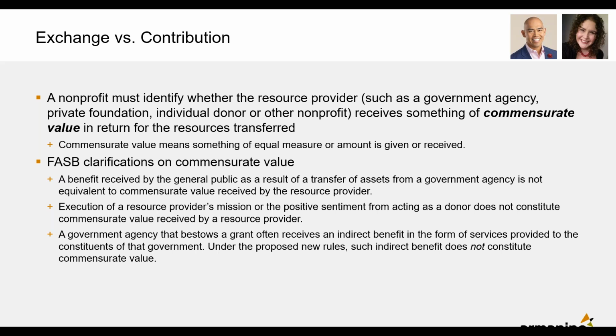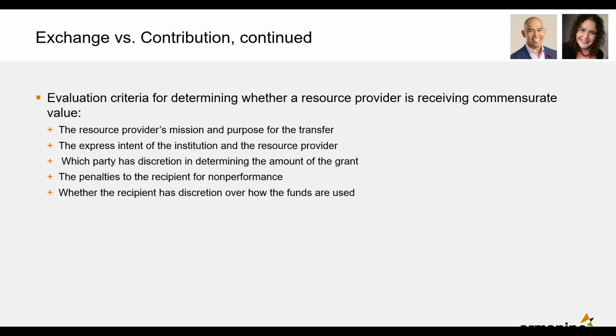And the last bullet point on here, about a government agency that bestows a grant: they're also saying that an indirect benefit in the form of services provided to the constituents of that government is again not constituting commensurate value. So they're actually ruling it out two different ways, just in case you thought you could argue that.